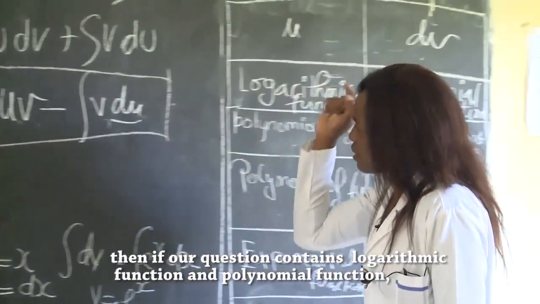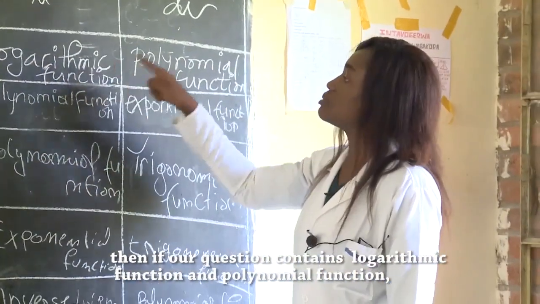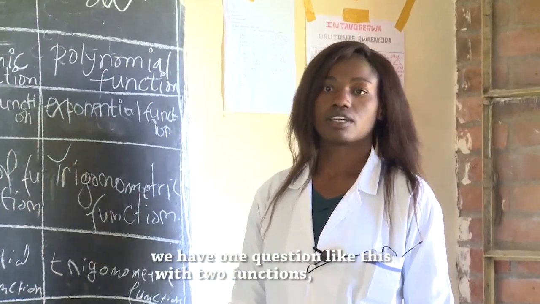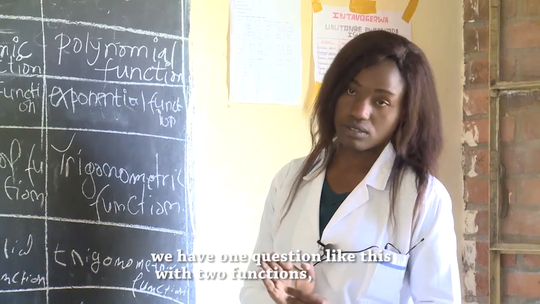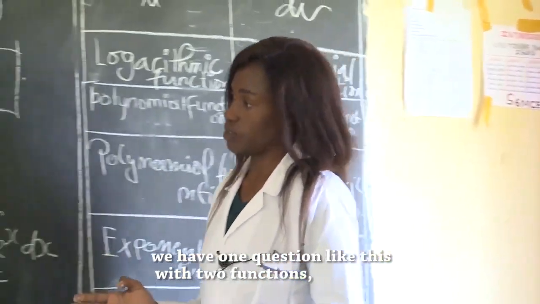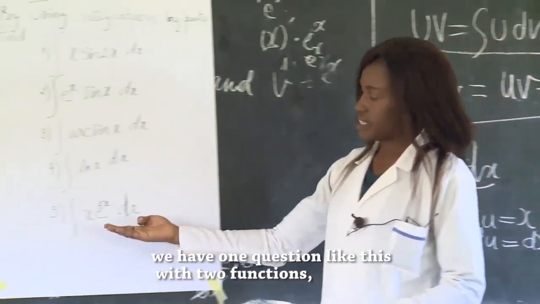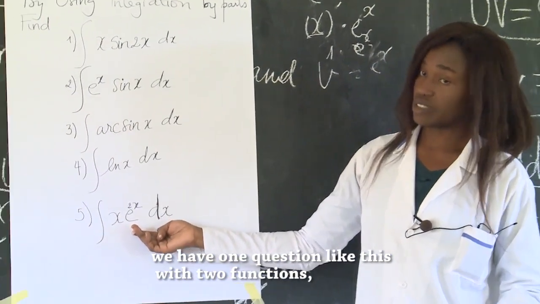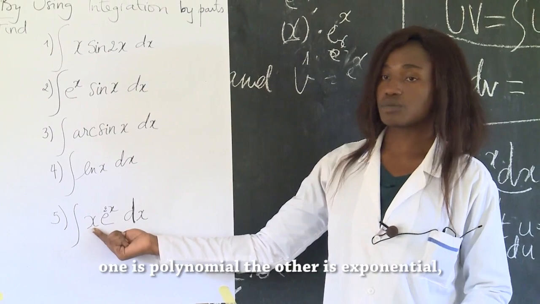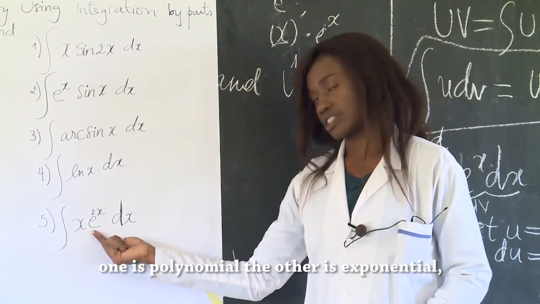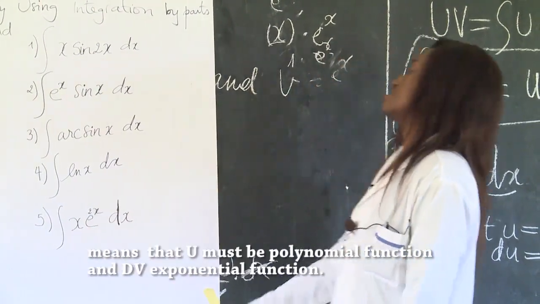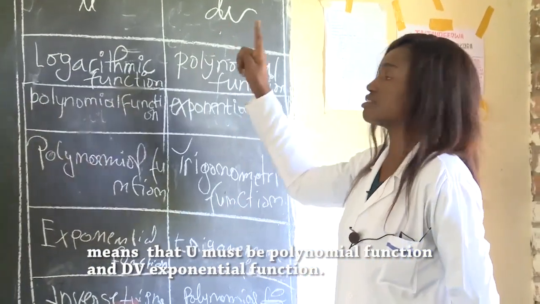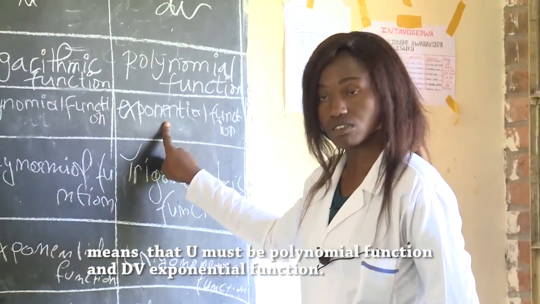If our question contains a product of two functions, one a polynomial and the other exponential, then U must be the polynomial function and dV must be the exponential function.